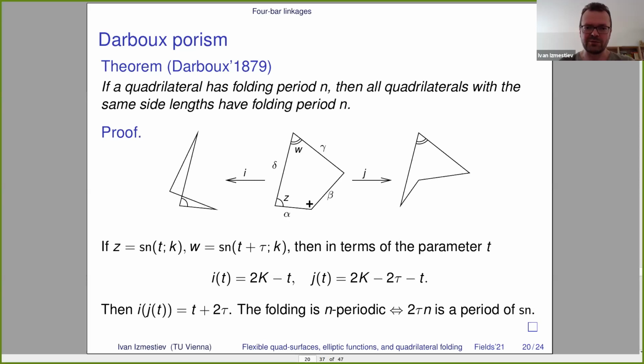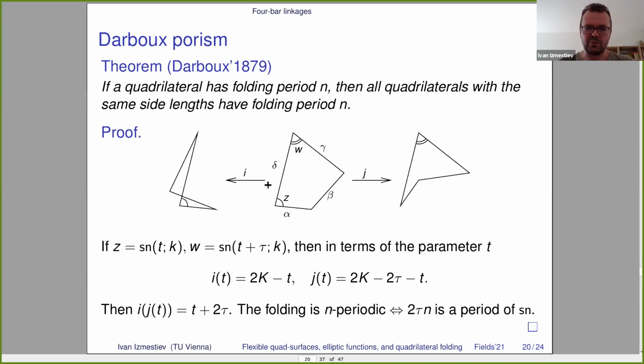For this quadrilateral, there is the I folding and the J folding. The I folding preserves the angle Z, and the J folding preserves the angle W. Now we know that in the configuration space of the quadrilateral, Z and W are parameterized by the elliptic function and its shift, right?